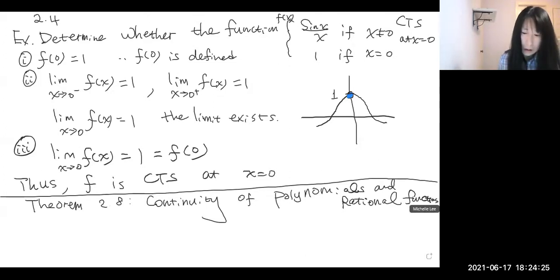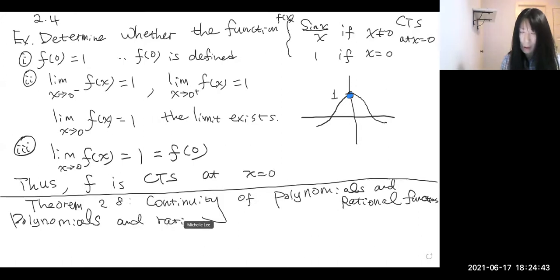So they say the polynomials, we know that they are continuous everywhere. And rational functions are continuous in their domain. So we restrict the domain, the denominator cannot be equal to 0, right?